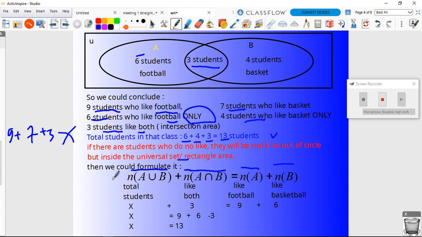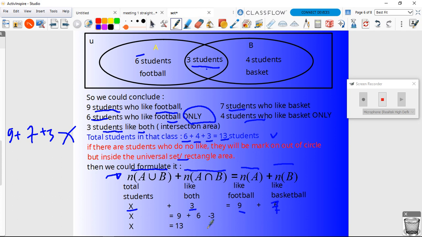So if you use this formula, they're asking about the total students, so here I'll write it as x. The ones who like both I'll write as 3, who like football I put 6, and who like basketball I put 6. Supposed to be 7 here.